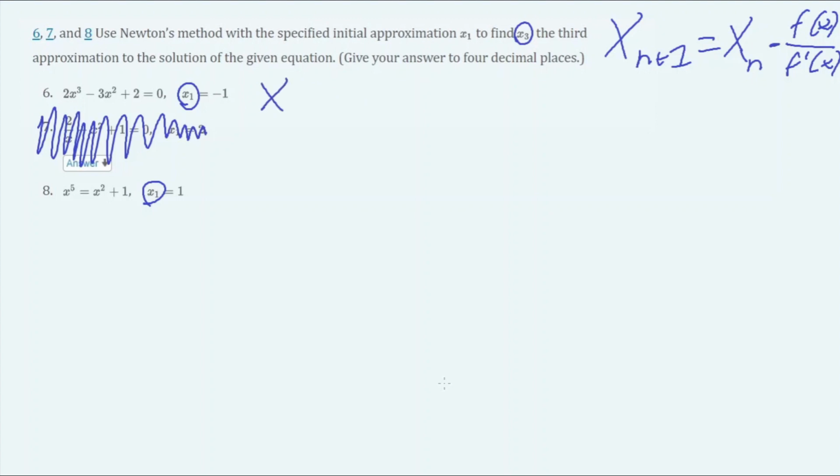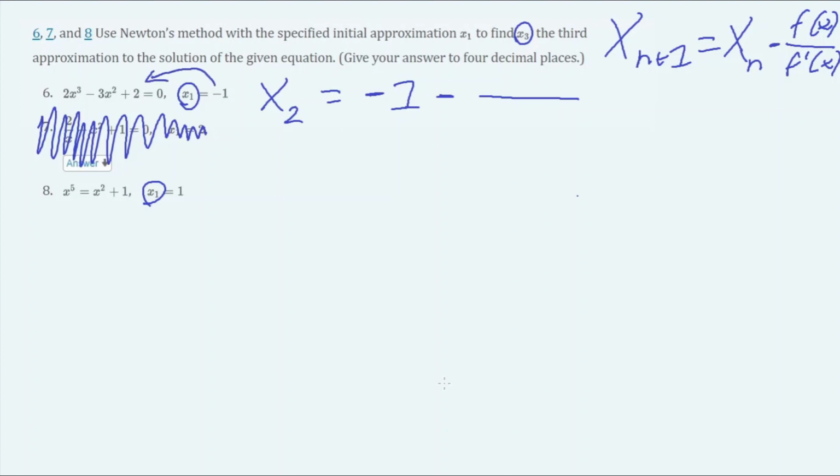So let's first find out x2 of number 6. Number 6, we have 2x cubed minus 3x squared plus 2 equals 0. And then our first approximation is at -1. So x2 is going to be equal to x1, which is going to be -1, minus f of x over f prime of x. So what we need to do is plug in -1 into this equation.